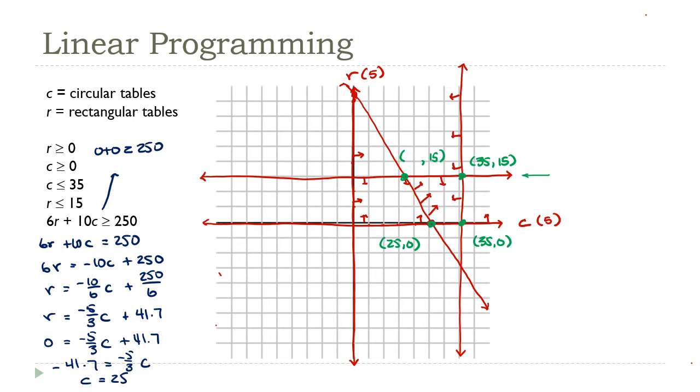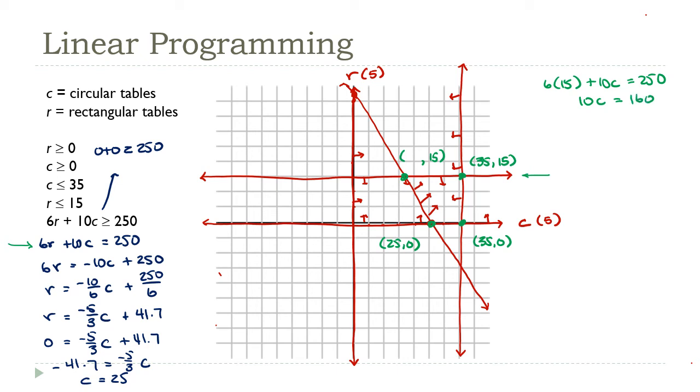All right, good. So let's go to our equation here that we used to make that line. I'm going to put 15 in there. 6 times 15 plus 10c equals 250. 6 times 15 is 90, right? So if we move that over, 10c equals 250 minus 90. Oh, I'm drawing a blank.